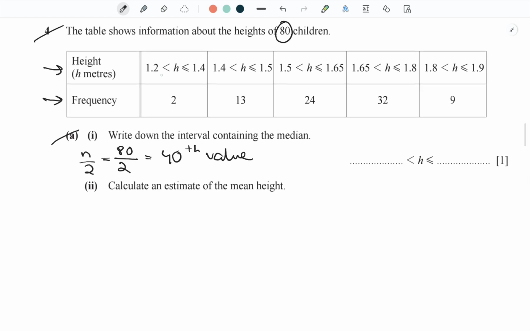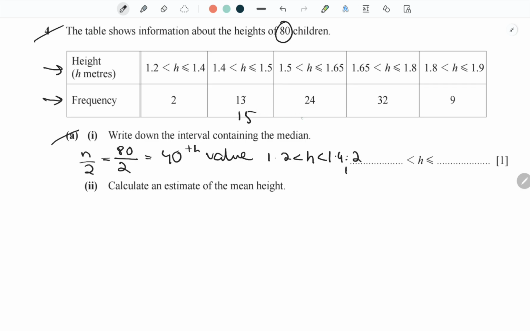From 1.2 to 1.4 we have a frequency of 2, right? In the next one we add them together, 2 plus 13, so we have 15.